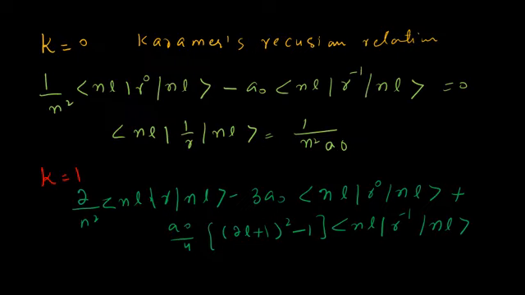So the Kramers rule will be equal to this when we put k equal to 1.